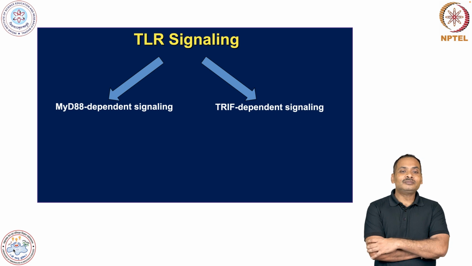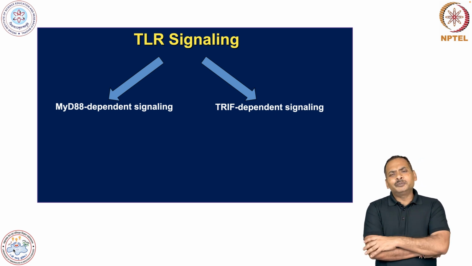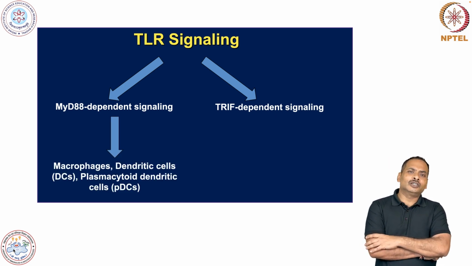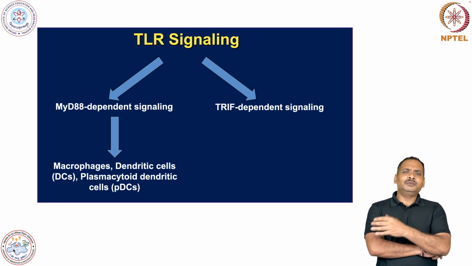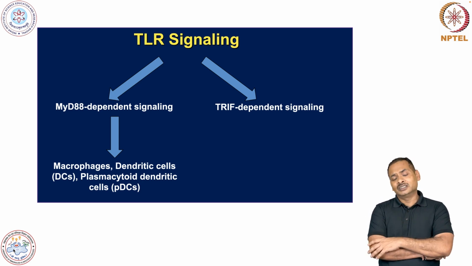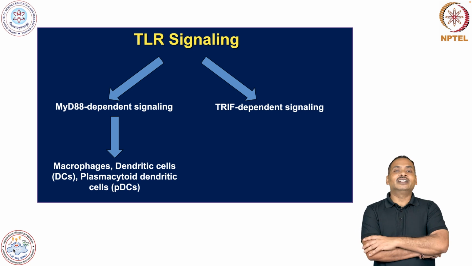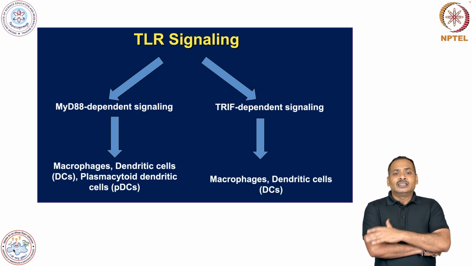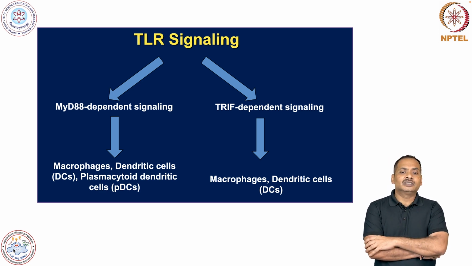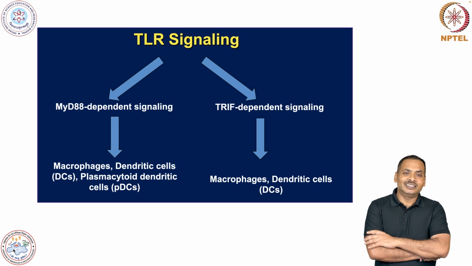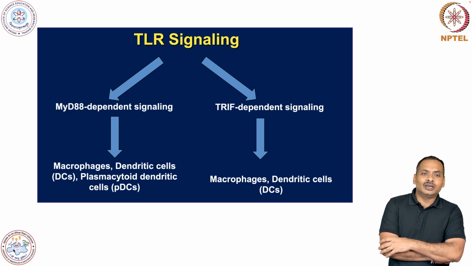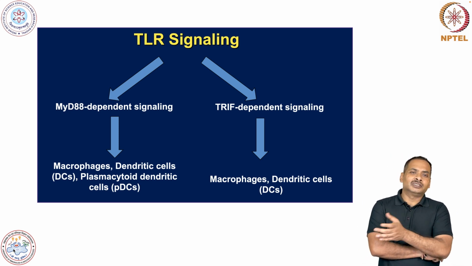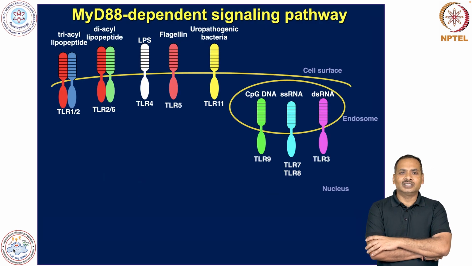MyD88 dependent signaling operates in these cell types: macrophages, dendritic cells and plasmacytoid dendritic cells. TRIF dependent signaling mainly operates in macrophages and dendritic cells. Now let us take up MyD88 dependent signaling.